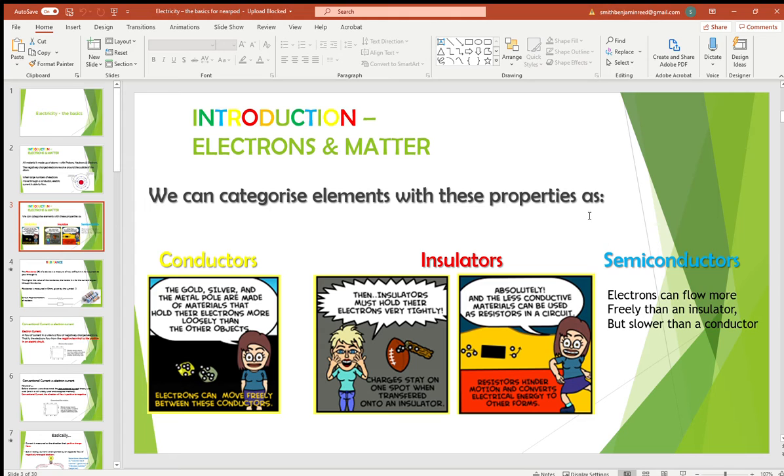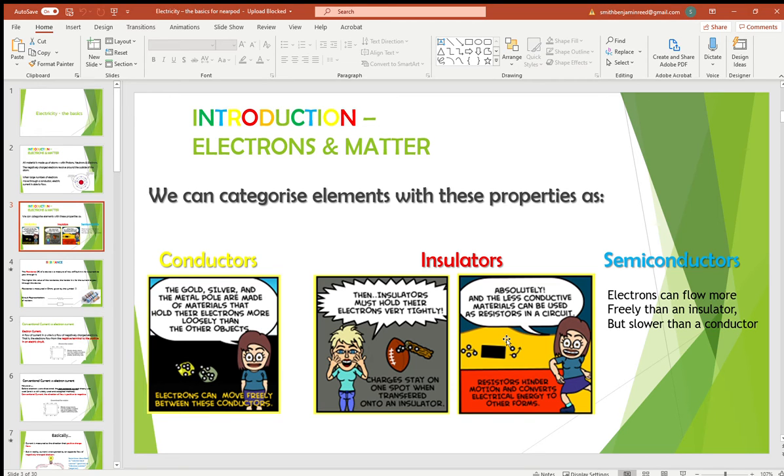Now, if you consider different types of materials, those that gathered static electricity really well were insulators, whereas conductors allow electricity to flow very well. So electrons flow through conductors really easily. They do not flow in insulators at all.